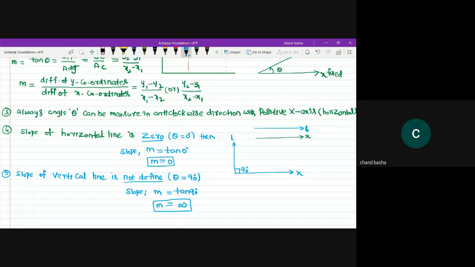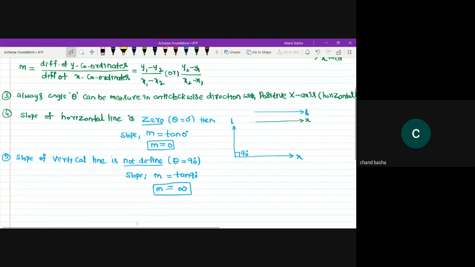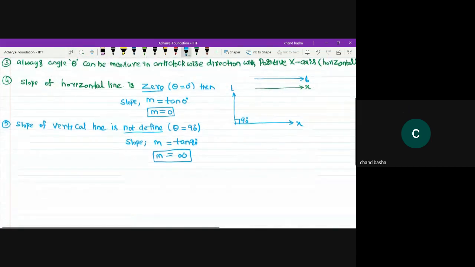Clear? Now, suppose two lines are there, and I don't want to depend upon the x-axis, that is the parallel line. Suppose he's asking the angle between the two lines. The sixth point is, what is the slope of one particular line? Can we denote it with m or not? Yes.